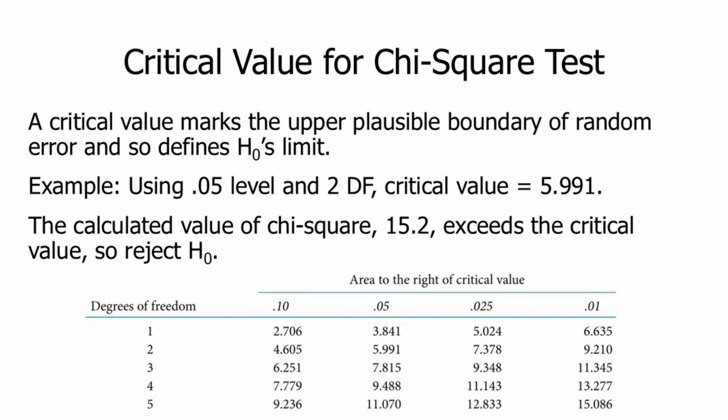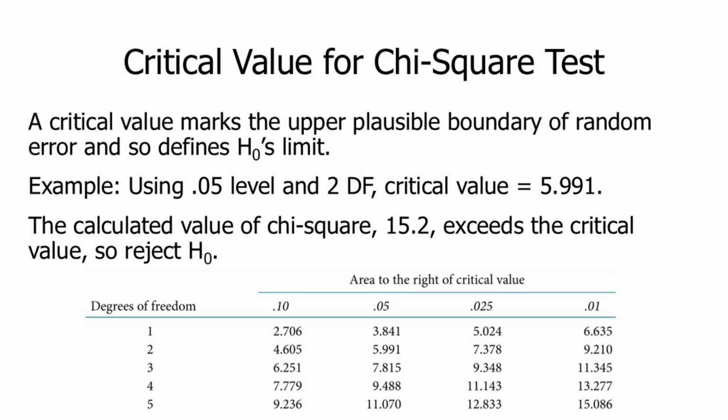In our example, the null hypothesis owns all the territory between a calculated value of 0 all the way out to 5.991. The alternative hypothesis owns all the territory beyond that out here in this region of the curve. Also, I can demonstrate here. Let's put in the actual value that we calculated. We can get a p-value.